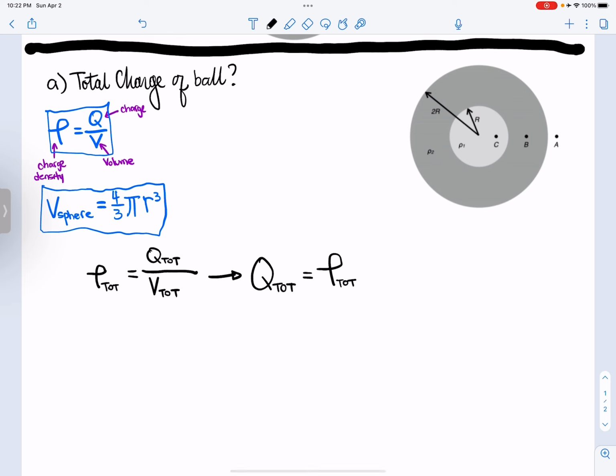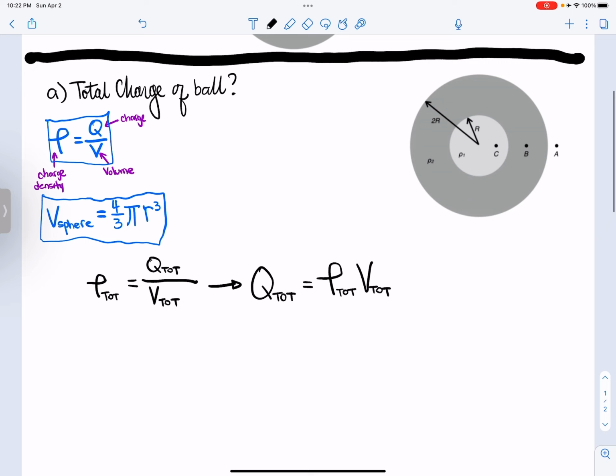So total charge density times total volume. In this case we'll have to split that up since we have different charge densities and different volumes for the inner layer as well as the outer layer.